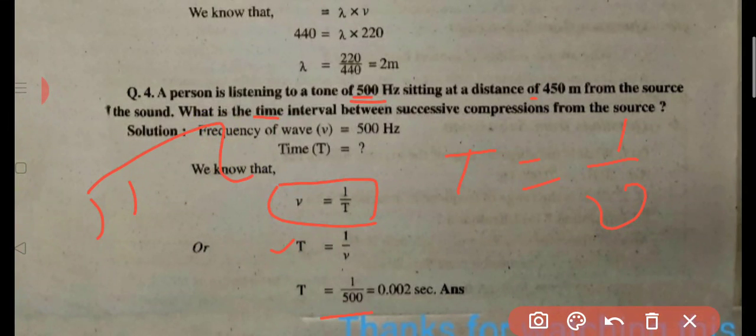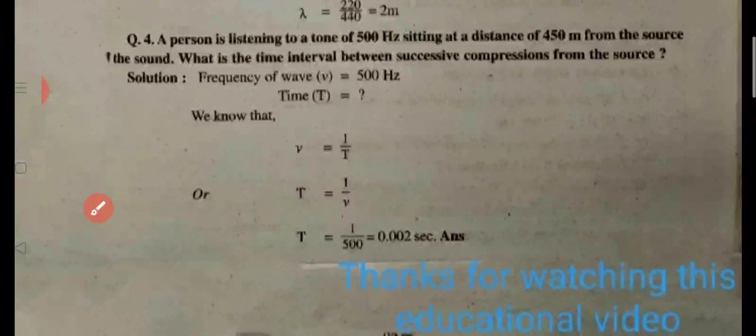We put the value of frequency, and when we divide 1 by 500 we find the answer 0.002. This is the answer. I think this is a very easy numerical, isn't it?